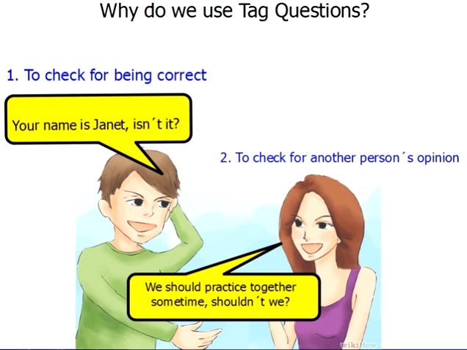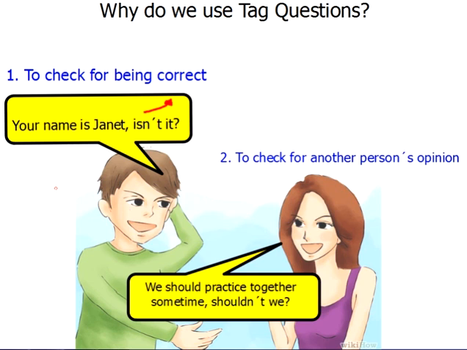So, just to review, the two reasons why we make tag questions and use tag questions are, number one, to check for being correct. So when Manuel isn't sure about Janet's name, he says, your name is Janet, isn't it? With the rising intonation to check for being correct. And the other reason we use tag questions is to check for another person's opinion about something.